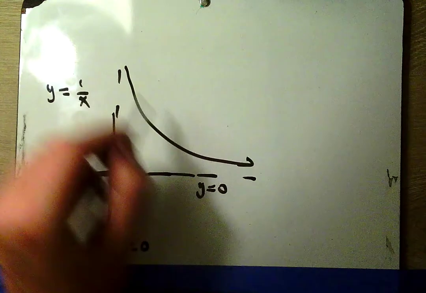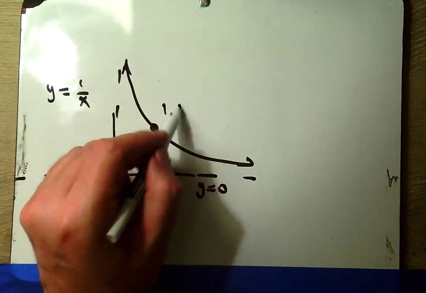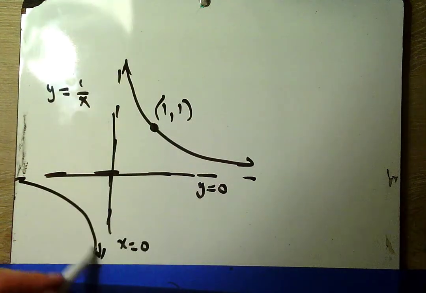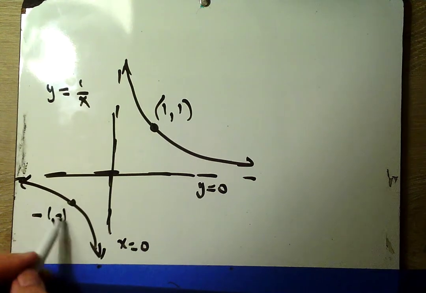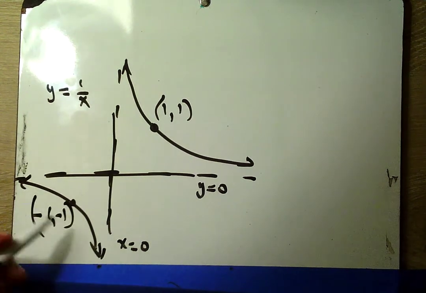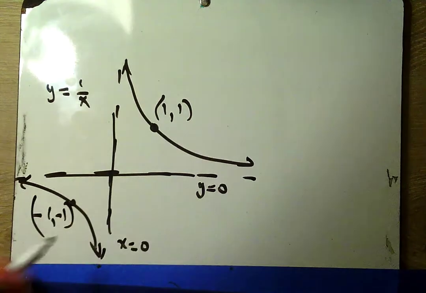We also plotted some test points, (1, 1) and (-1, -1), to get the graph's shape. So there's our reference graph.